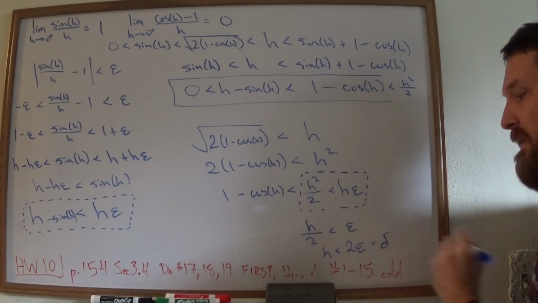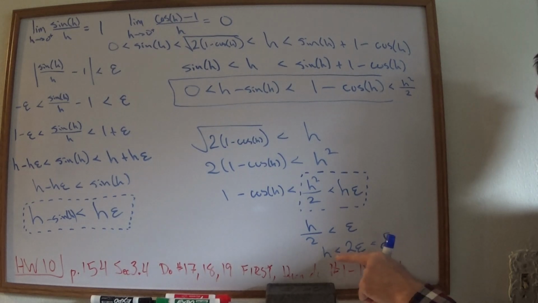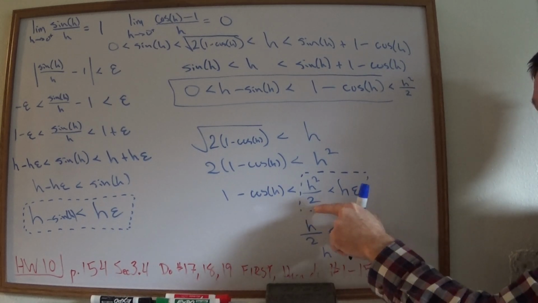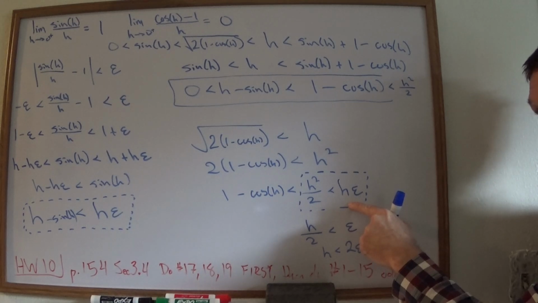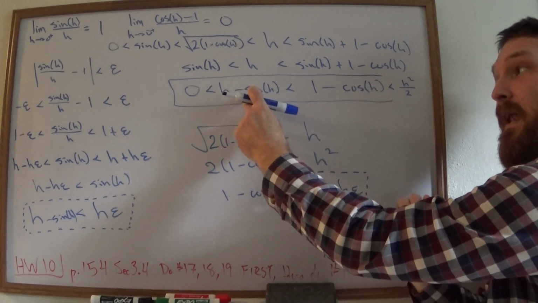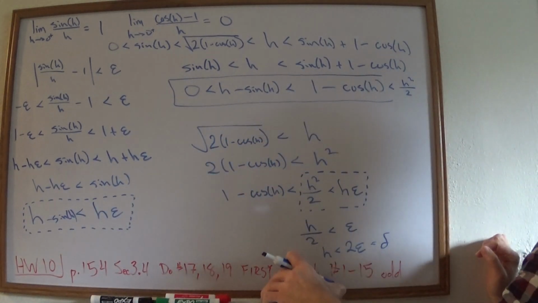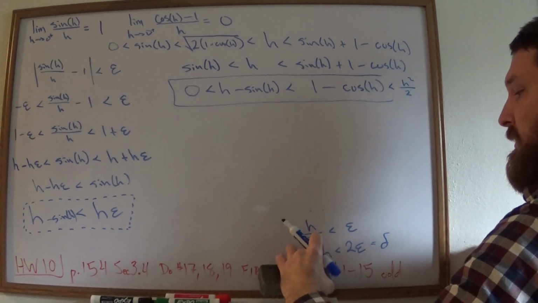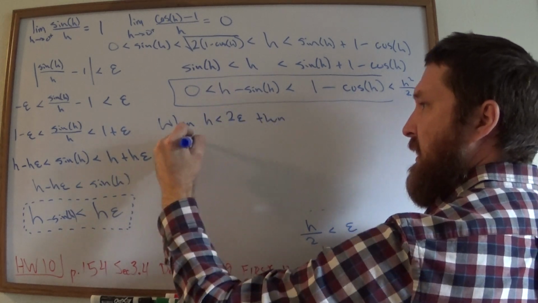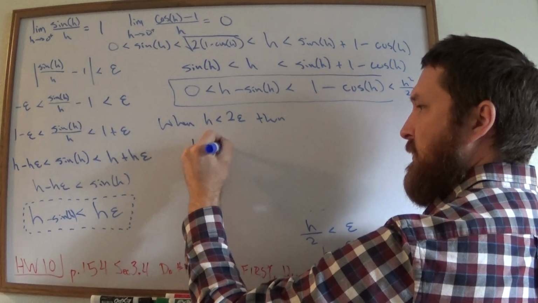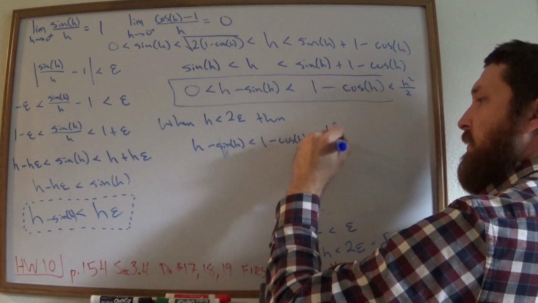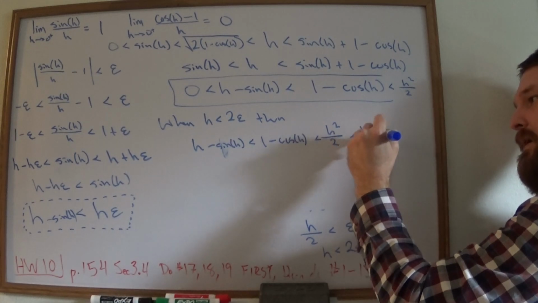In other words, if you let delta equal 2 epsilon, then whenever h is less than it, it will be the case that h over 2 is less than epsilon, and that h squared over 2 is less than h epsilon. h squared over 2 we've shown is bigger than that, which is bigger than that, and therefore, putting it all together, what we have is that when h is less than 2 epsilon, then h minus sine h is less than 1 minus cosine h, which is less than h squared over 2, which is indeed less than h epsilon.